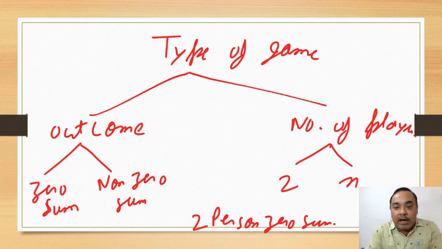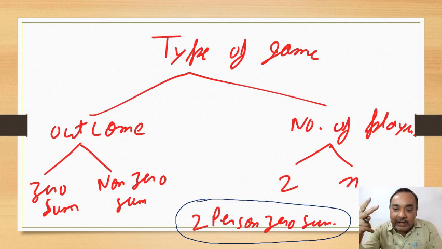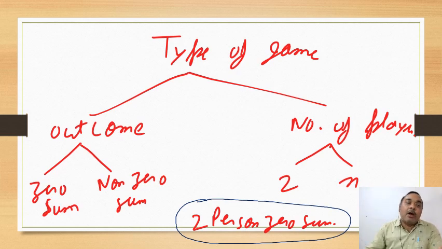So today we are going to discuss the combination of these two, that is the two person zero sum game. That means there are only two players having a number of strategies, and the net outcome is equal to 0. That means the gain of one is equal to the loss of the other.